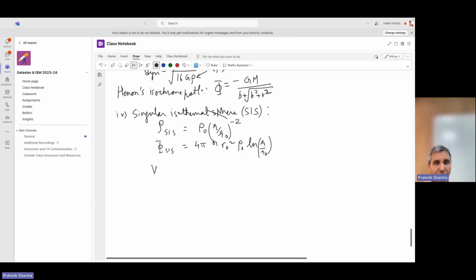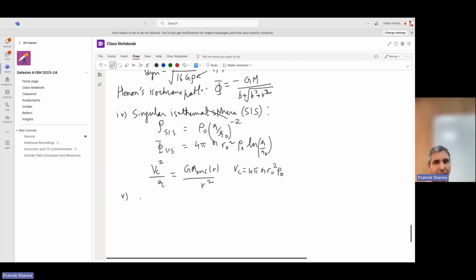And this circular velocity, of course, is defined as V circular squared by r equal to G M enclosed by r squared. So in this case, Vc is equal to 4 pi G r naught squared rho naught. This is the singular isothermal sphere. It's used quite a bit for dark matter halo potentials.